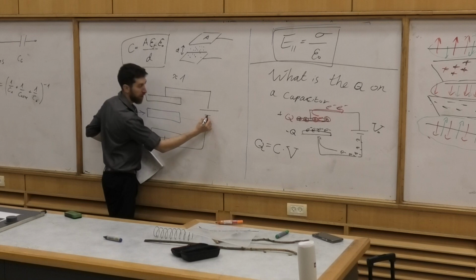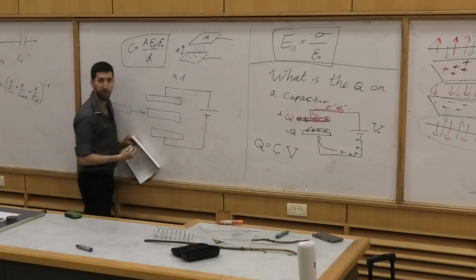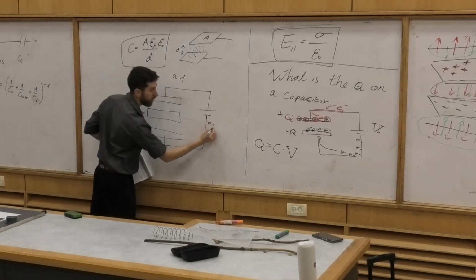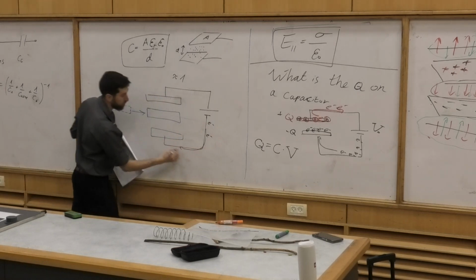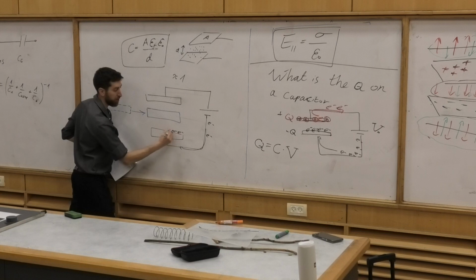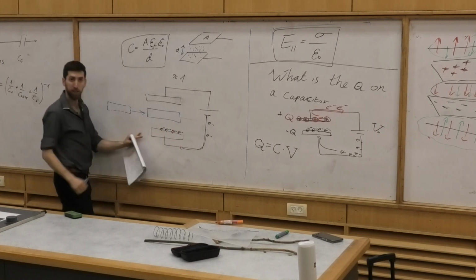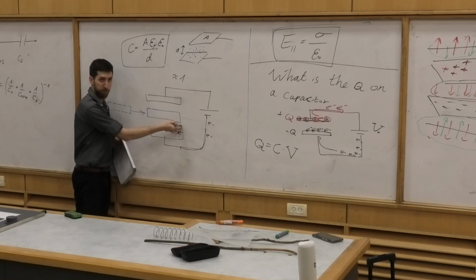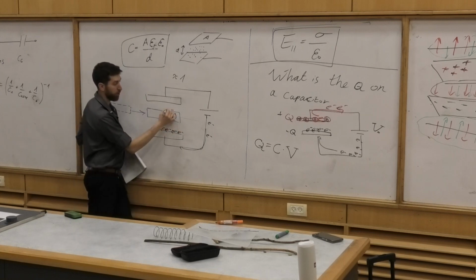Let's think about it. From this side, you're going to have a lot of electrons that want to flow in that direction, right? They're going to fly in that direction and accumulate here. You see it? It's going to be negative. What's going to happen to this face? Electrons are going to leave to that side and leave this place positive, right?